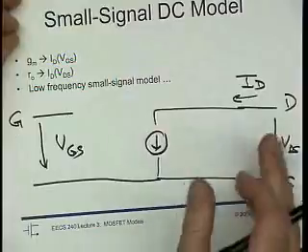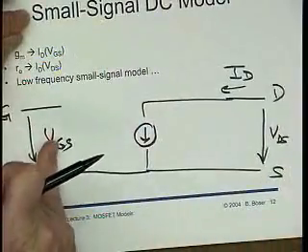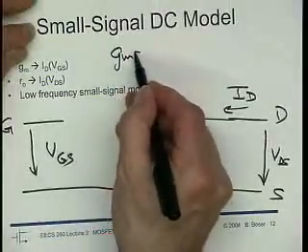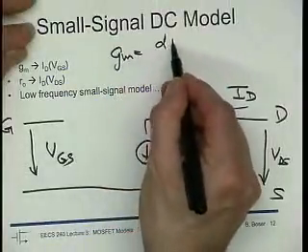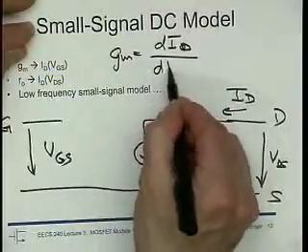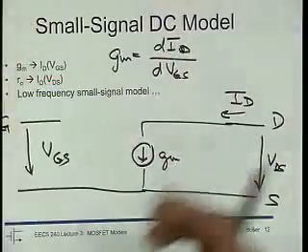So my gain has units of transconductance because it goes from a voltage input to a current output. My transconductance Gm is equal to what comes out at the output, dID, over dVGS, right? And so that is Gm.